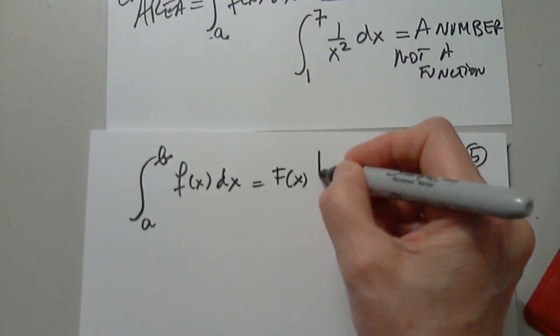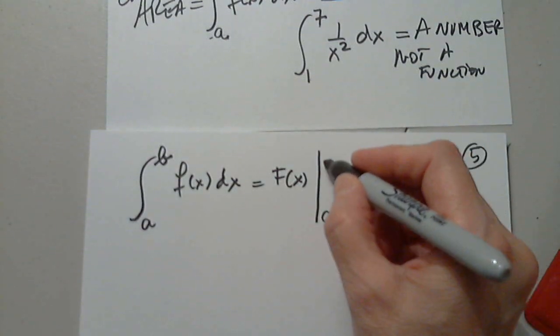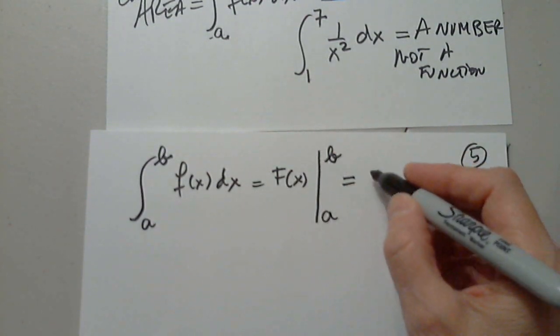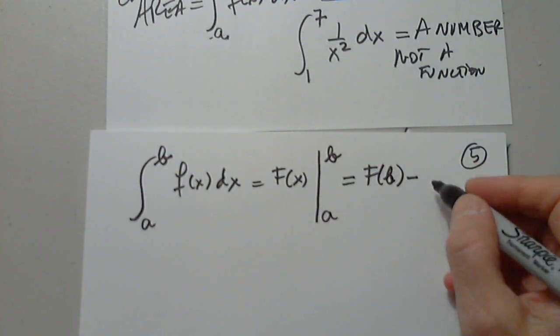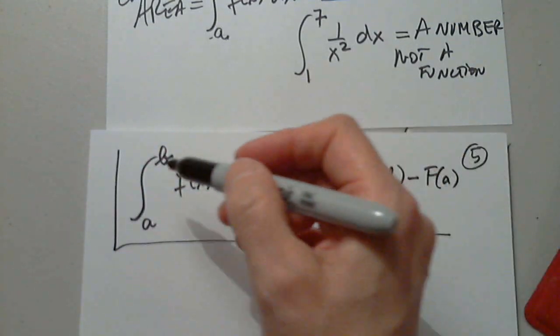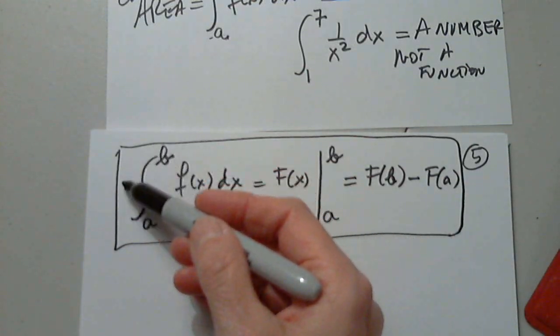You write a vertical bar, you copy the limits of integration from a to b, and then you plug in b, and you subtract when you plug in a. This is the procedure of finding or evaluating a definite integral.